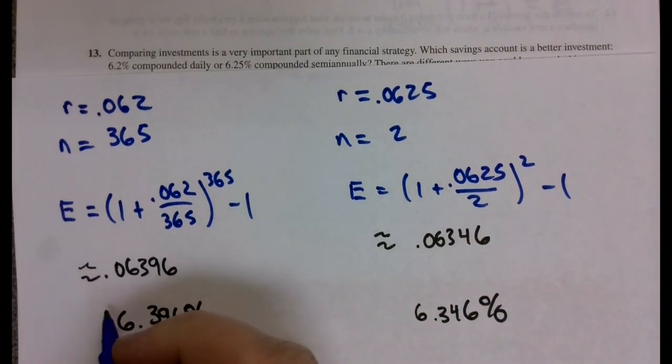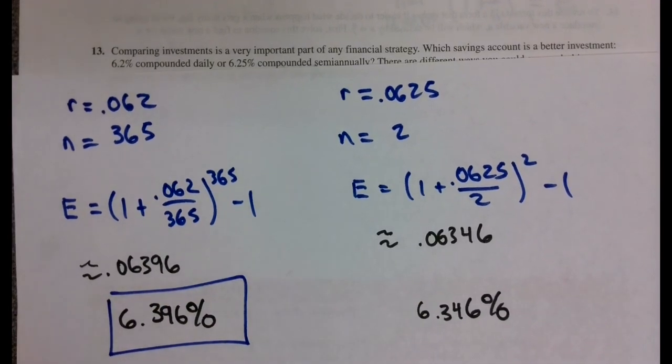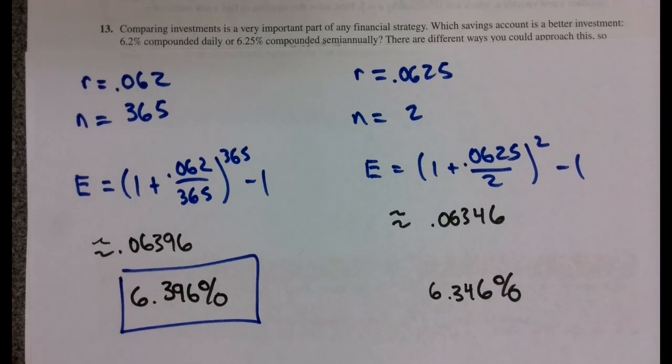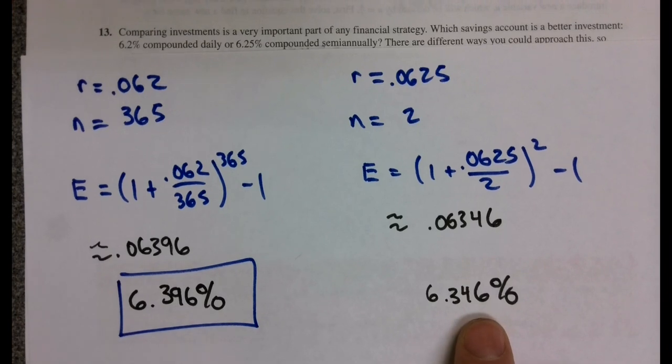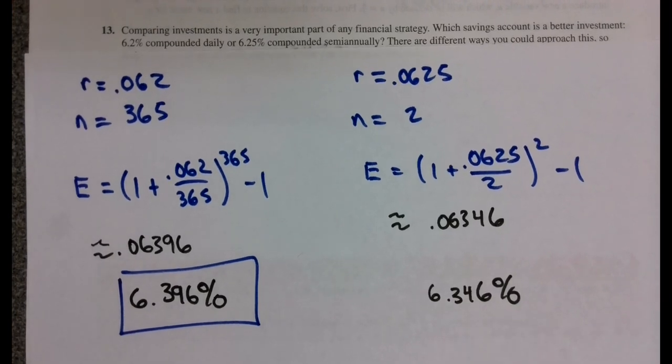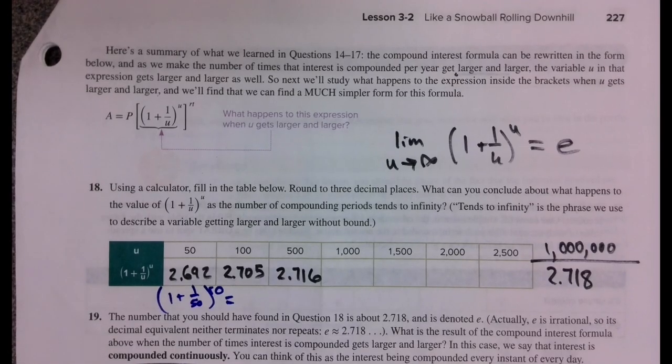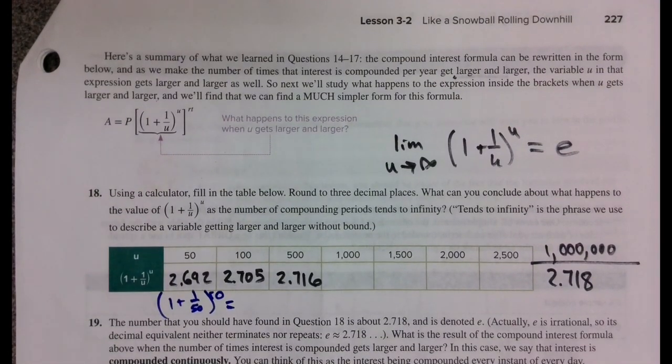So the compounded daily is just a little bit better if we were investing. If we were borrowing, this one would be better because we want to pay less money in interest over a 1-year period.